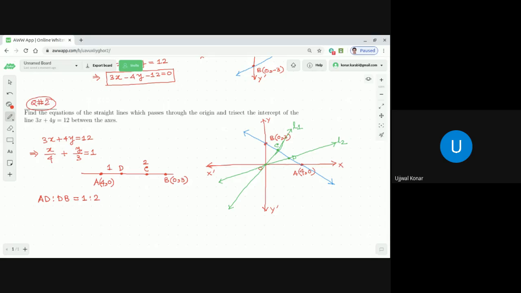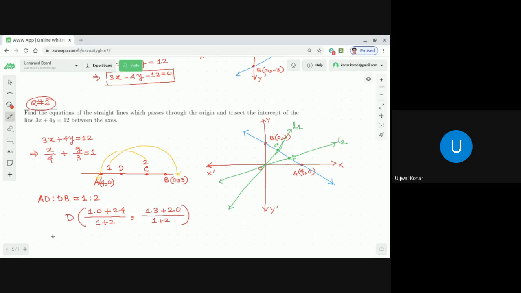Now, what is the coordinate of the point D then? If you use the internal section formula, 1 should be with B and 2 should be with A, if you recall. Then the X coordinate should be (1 into 0 plus 2 into 4) divided by (1 plus 2), comma, the Y coordinate should be (1 into 3 plus 2 into 0) divided by (1 plus 2).